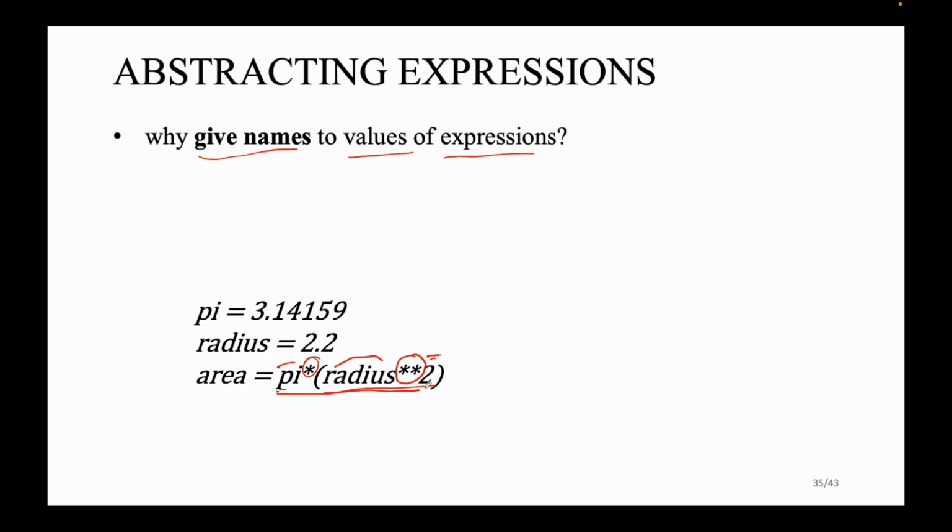We calculate this expression first and get a value, and this new value combines with pi and this operator to become a new expression, and then this expression will be assigned to this variable, area.